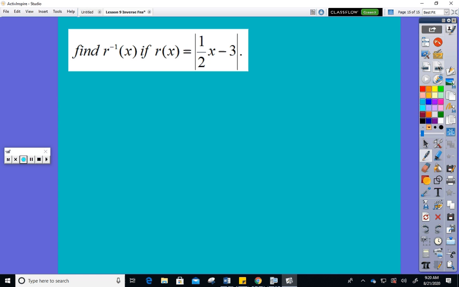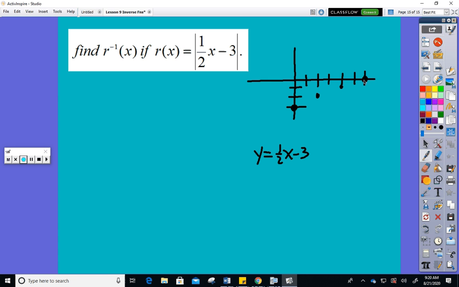If I look at y equals the absolute value of 1/2 x minus 3, I'm going to use some transformations. So if I just look at y equals 1/2 x minus 3, that is down 3, and then up 1 right 2, up 1 right 2, up 1 right 2.